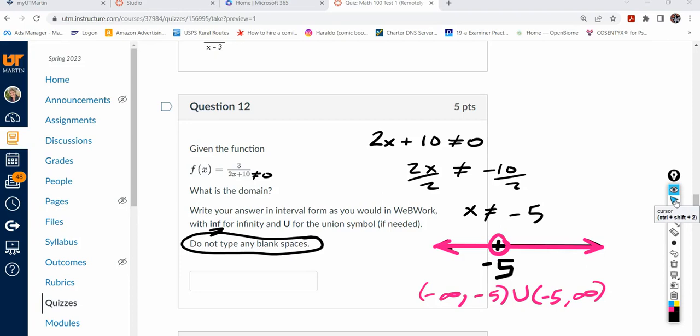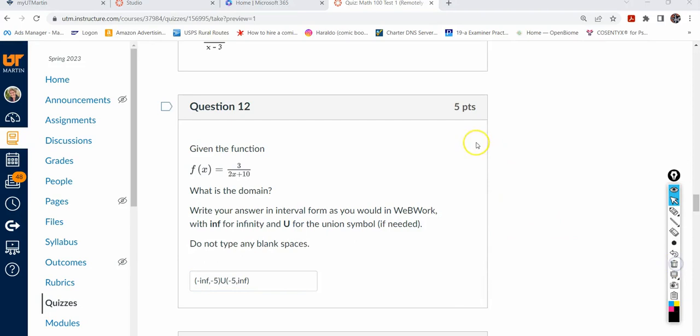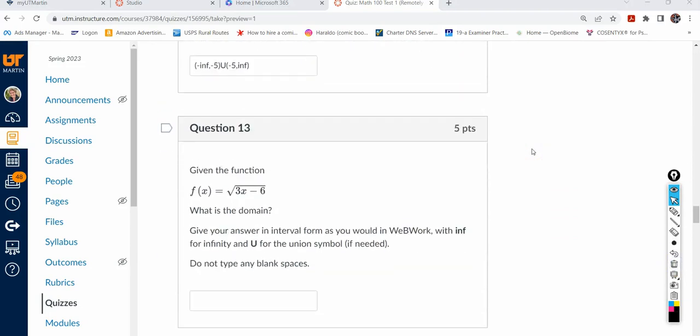It's really bad, Canvas is about that. All right, so I'm going to type in minus infinity, INF, comma, negative 5, no spaces, and then a capital U, no spaces, then negative 5 to positive infinity. No spaces, like it said. Okay, so that's what I'm going to enter in.